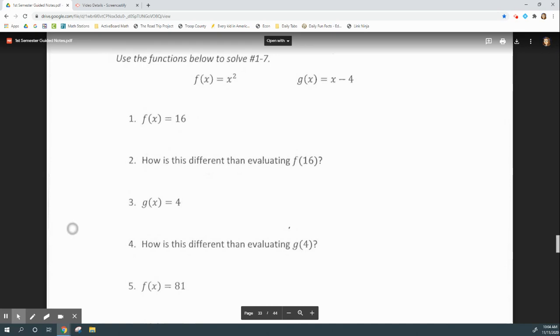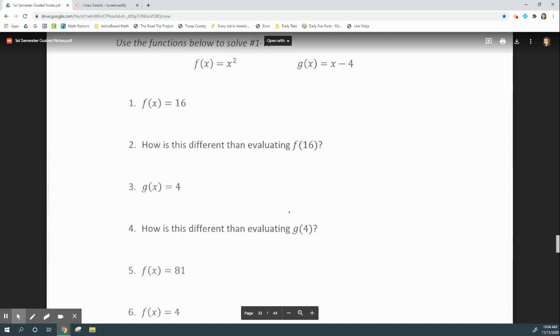Okay, number 3 says g of x equals 4. So if it's g of x equals 4, do we know x or do we know y? We know y. So you can go ahead and write it like this. If we know y, does 4 go here or here? There.